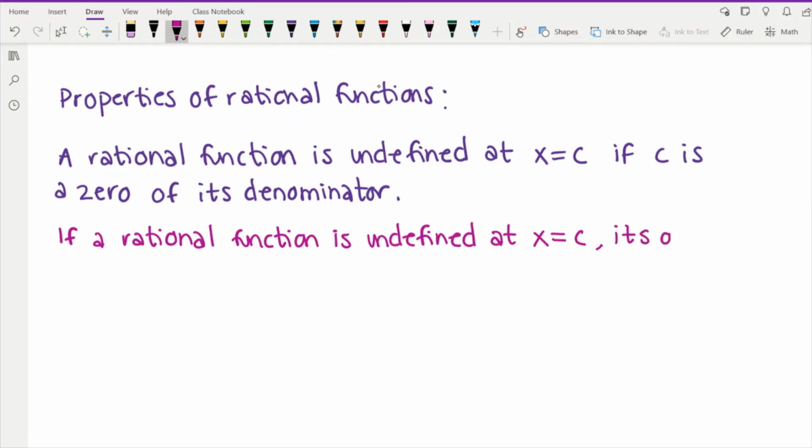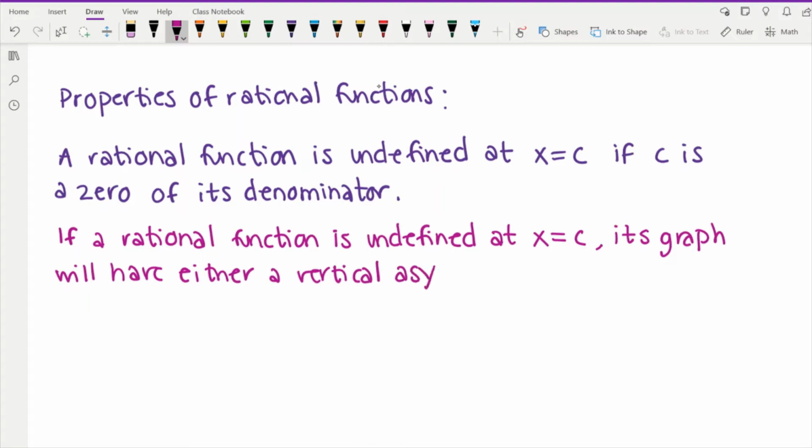I'll say its graph will have either a vertical asymptote, so we saw what those looked like in the last video, and we'll see more in this video, or it will just have a hole at that x value.